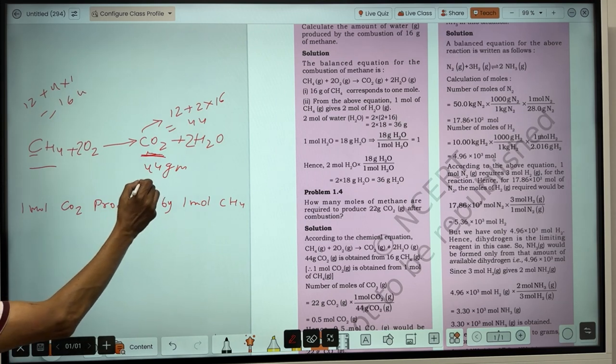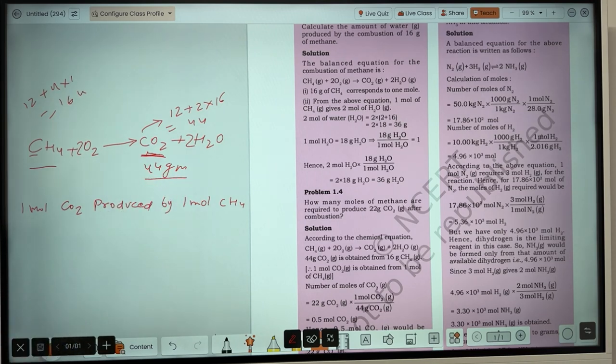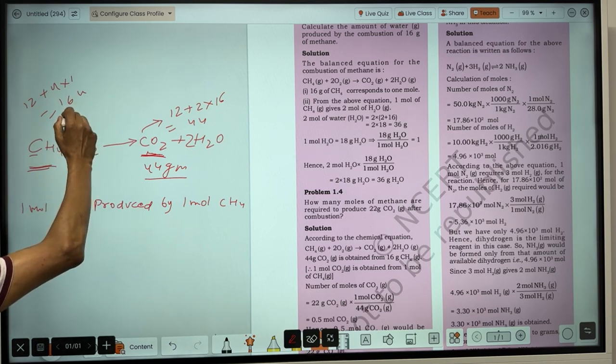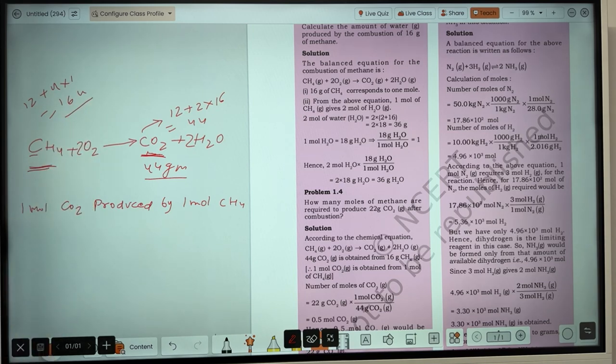That means 44 gram of CO2 is produced by 16 gram methane.